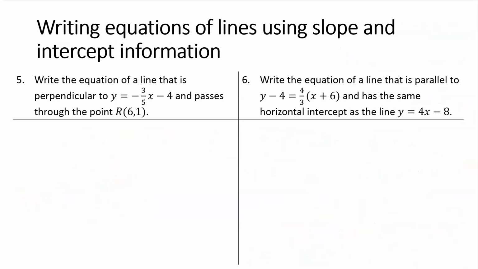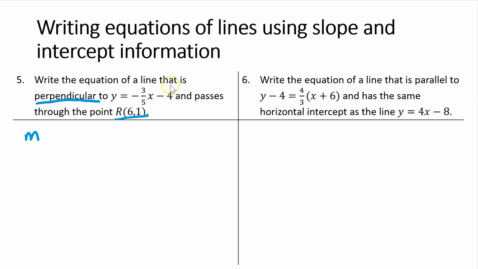Okay, let's look at the last couple of examples. For number 5, we're asked to write the equation of a line that is perpendicular to the line y equals negative 3 over 5 x minus 4, and it passes through the point (6, 1). So for here, let's look at the slope.